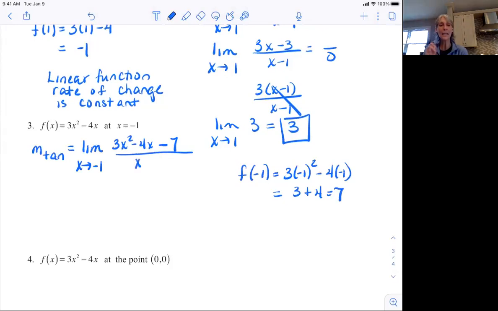Now, x minus c is x minus -1, so be careful there. When I plug in -1, I know I'm going to get a 0 on the denominator. So I'm going to factor and reevaluate this limit.